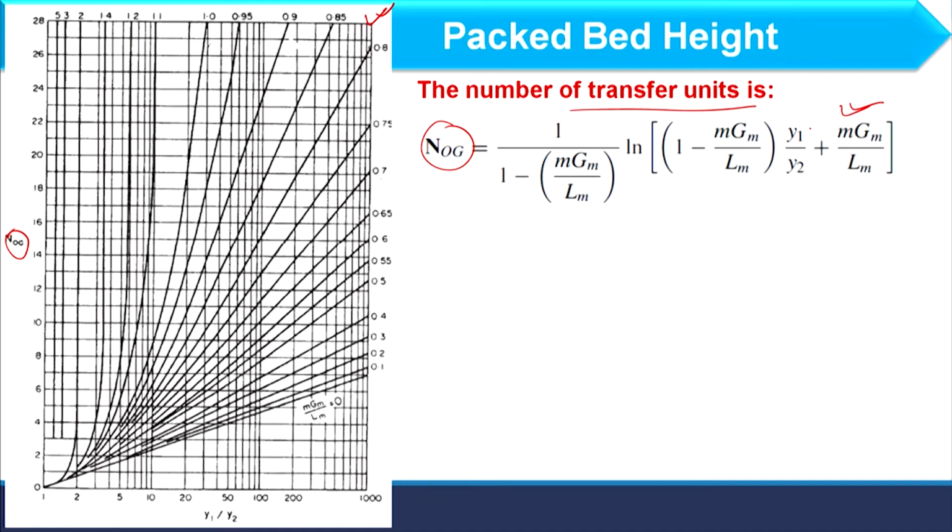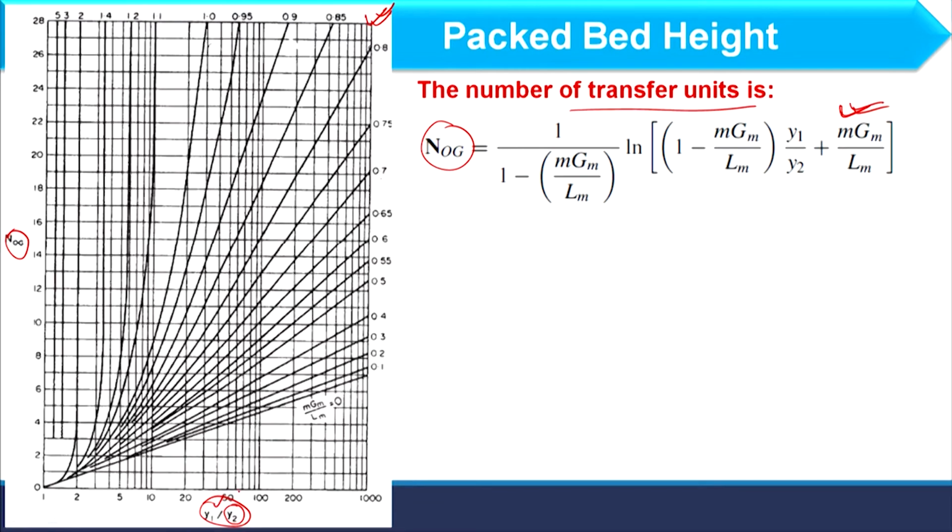You can use this equation as well as you can use this graph, right. So, here if you see, on the x axis I am having y1 and y2. So, y1 is basically the concentration of solute in the gas phase at inlet condition, and y2 is the concentration of solute in the gas phase at exit condition, right.